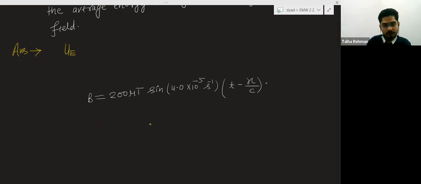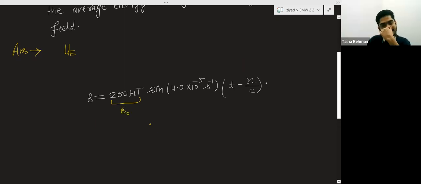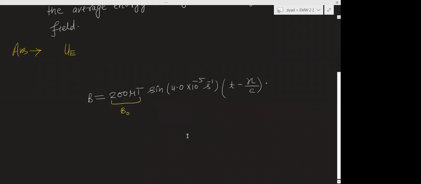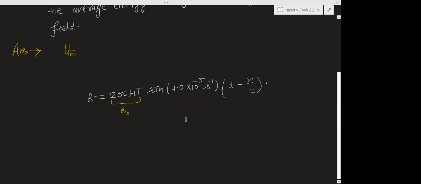So this 200 micro Tesla is B naught. Now, can you tell me what is omega? 4.0 into 10 raised to minus 5. Very good. And can you tell me what is K?